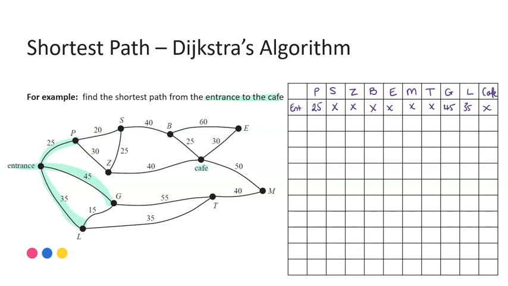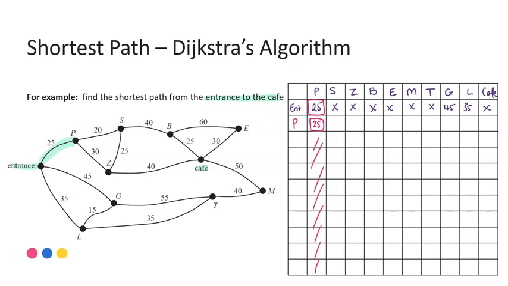So of our options there, let's take the smallest value, so 25, to P, which I think was penguins, and that becomes our new focal point. So if I've travelled the 25 to P, I'm now looking at direct connections from that point on.